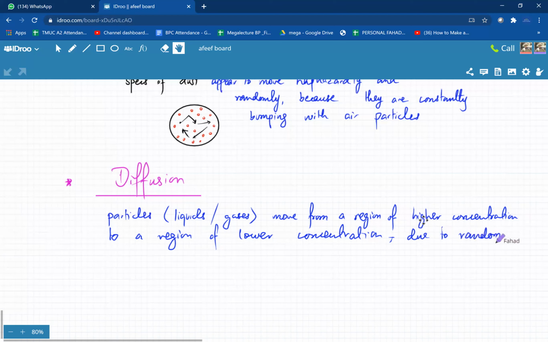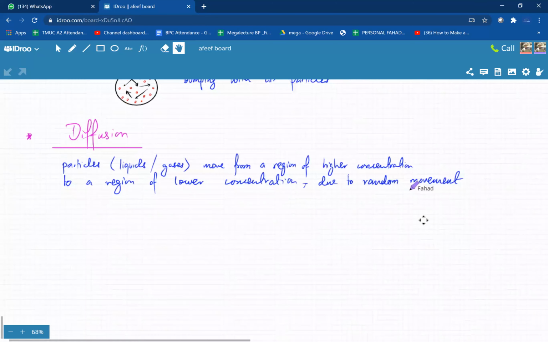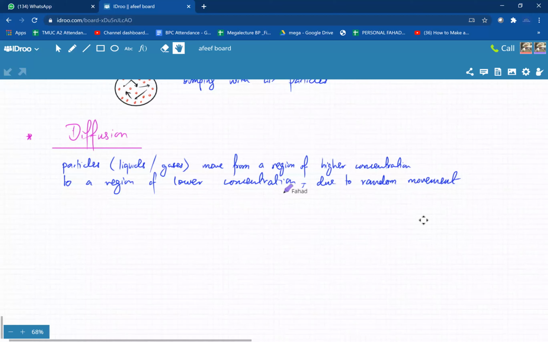Remember, we just talked about Brownian motion. Particles are constantly colliding and they're randomly moving around. We'll do some examples. For liquids, the example is ink in water.